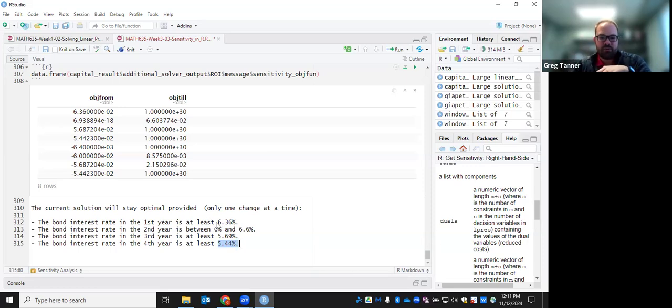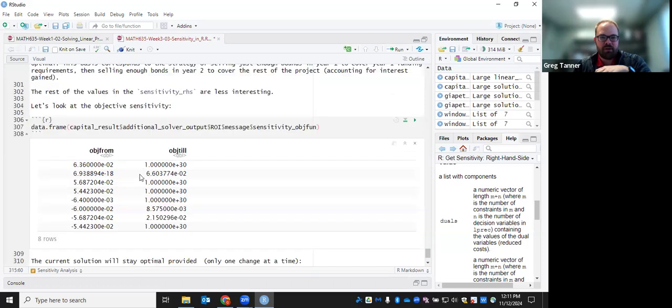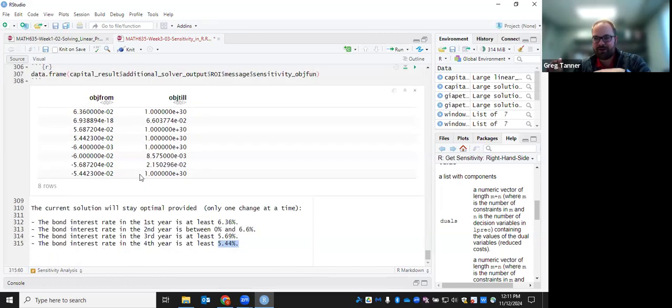For example, you probably know the bond rate for the first year definitely, because your bank probably tells you what it is. But you're probably using some forecasts for the later years. And this sensitivity analysis, instead of having huge error bars, comes down to a yes or no question.